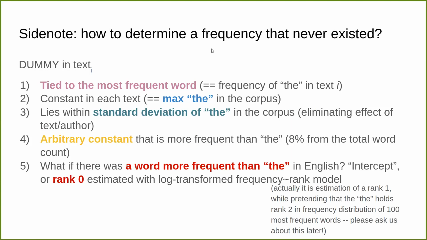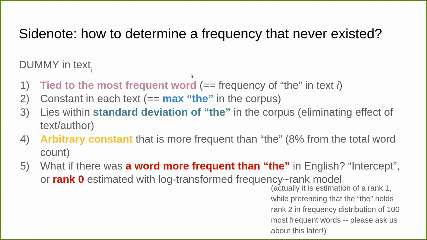And our more formal approach to modeling a word that is more frequent than "the" is, you can imagine it as modeling the intercept of the linear model of the rank-to-frequency relationship. So what is the frequency of rank 0? It's not exactly the same, because the frequency of rank 0 doesn't exist, because of the super high exponential growth, and usually this word is estimated to be larger than the whole text.